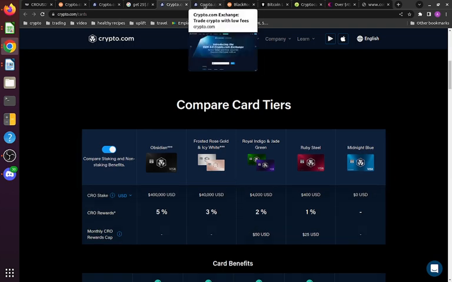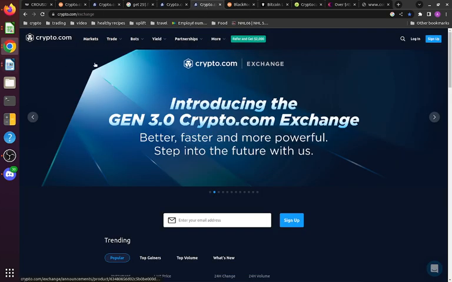So did I add something else? Yes. Now you have the Crypto.com app, but you also have the Crypto.com exchange. What's the difference? The exchange doesn't allow you to buy or trade any fiat.